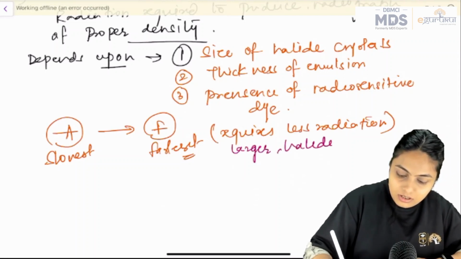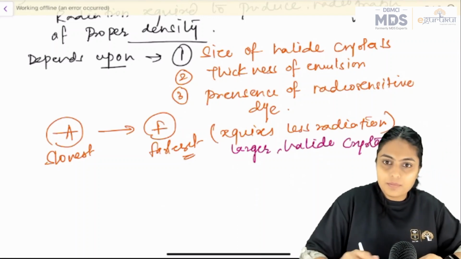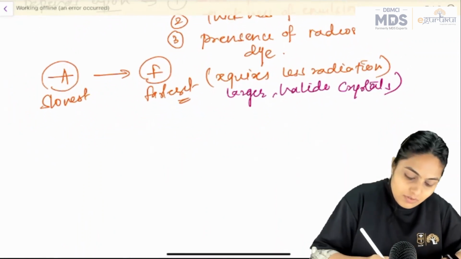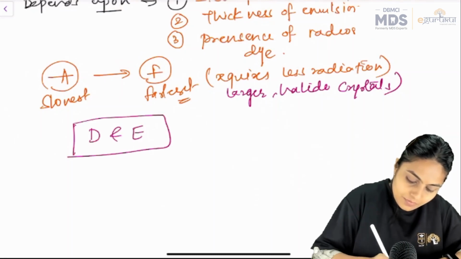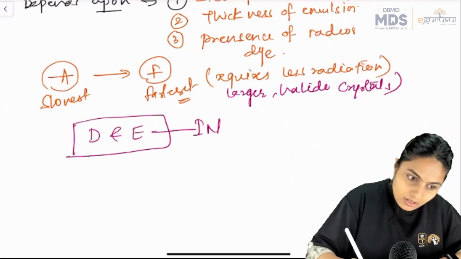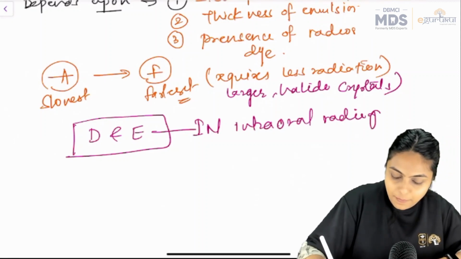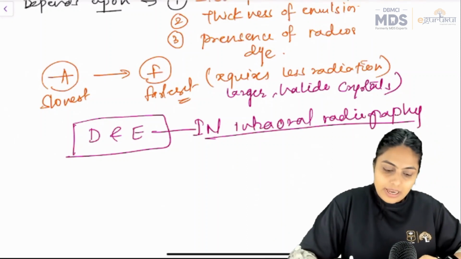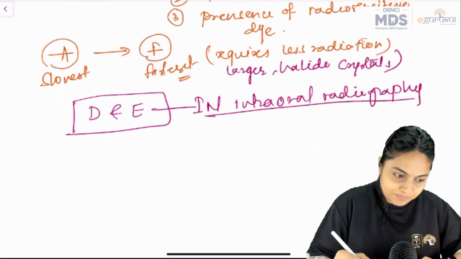So F speed is the fastest. And in dental radiology we use D or E speed film in intraoral radiography. Okay, so D and E speed films are used in intraoral radiography.